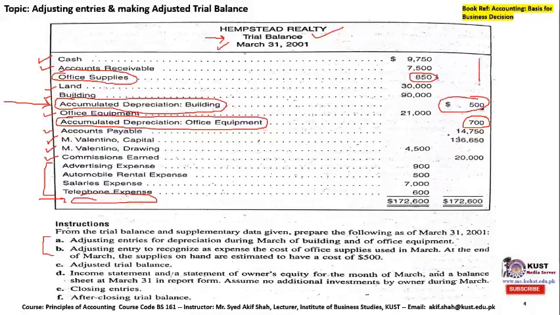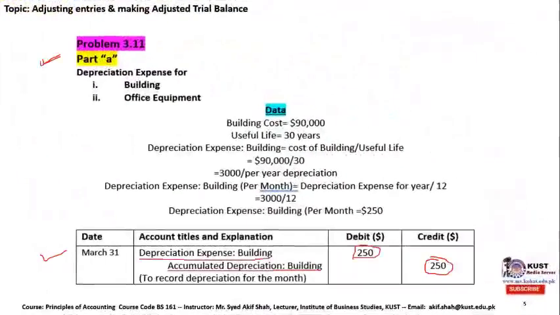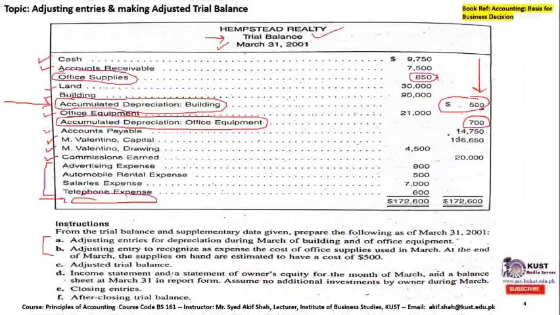As we can see, here we have a credit of 500 in the accumulated depreciation building account, and in the adjusting entry we have an additional credit entry of $250. So it is a credit balance, and already in your trial balance we have a credit balance against accumulated depreciation.